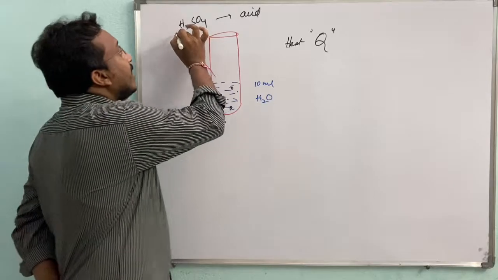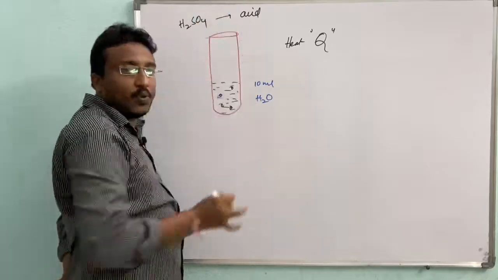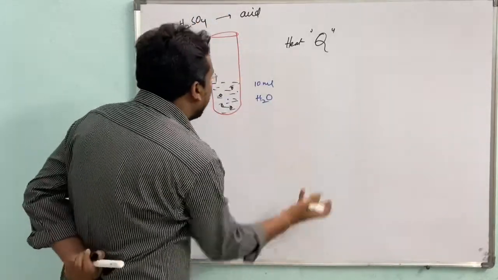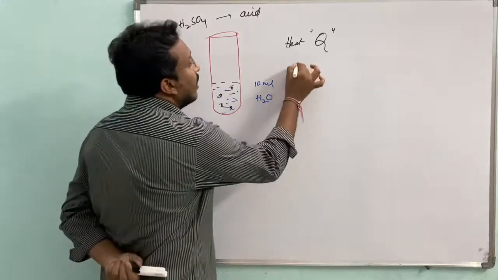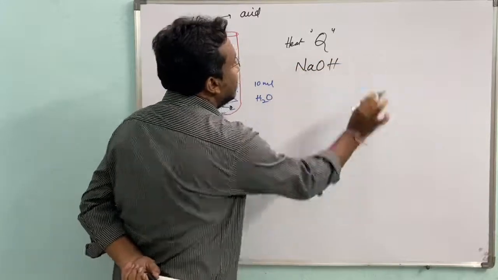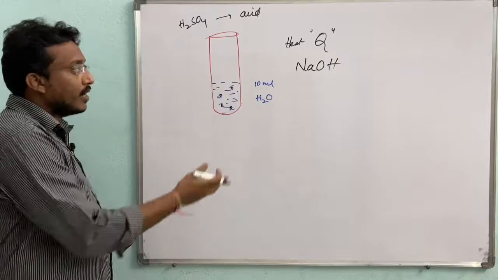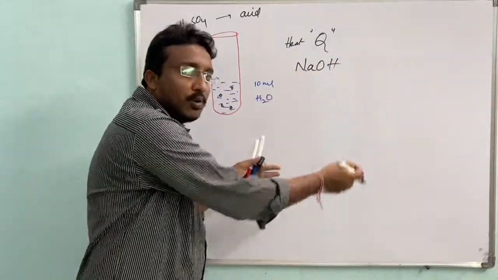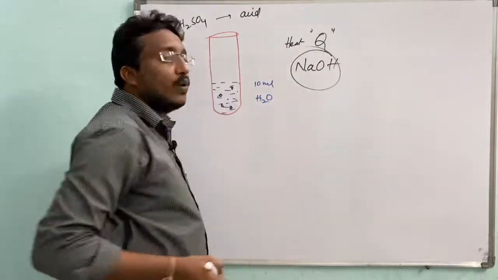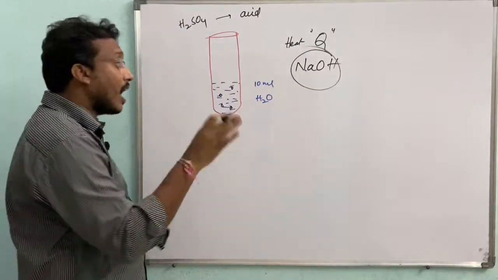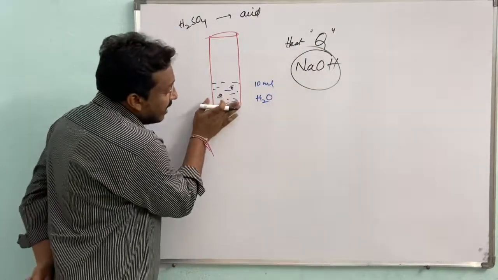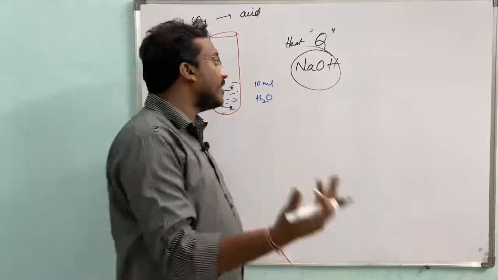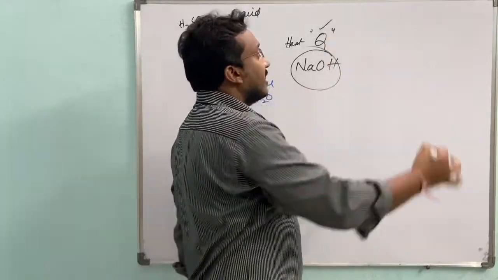Now, instead of acid, take sodium hydroxide pellets. Take one more test tube, take 10 ml of water and add NaOH pellets. Once again touch the test tube and you can sense that heat is liberated.